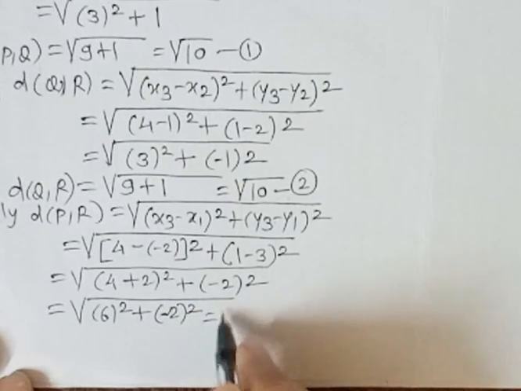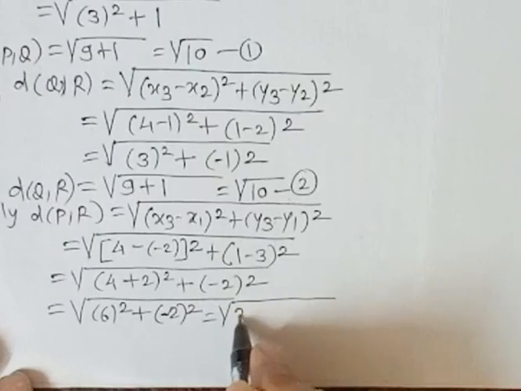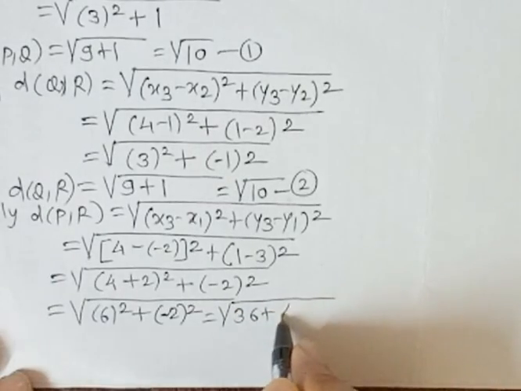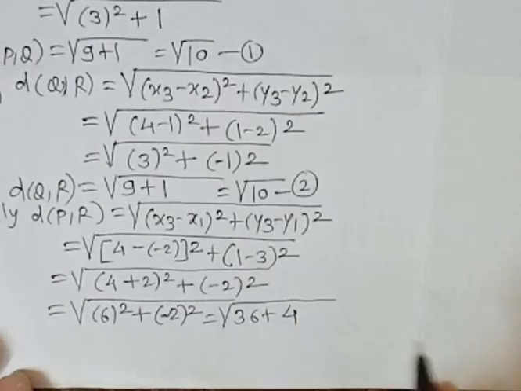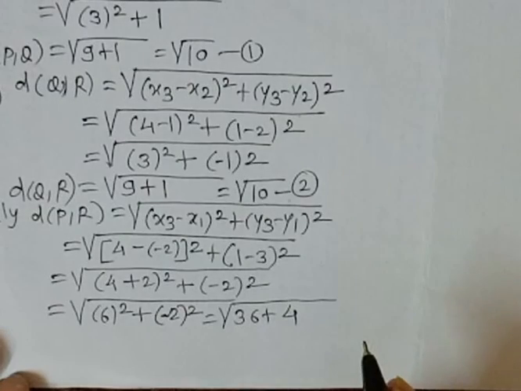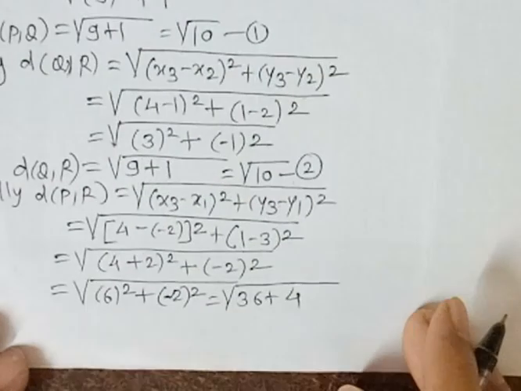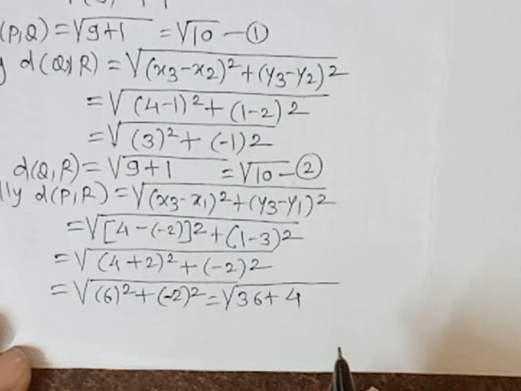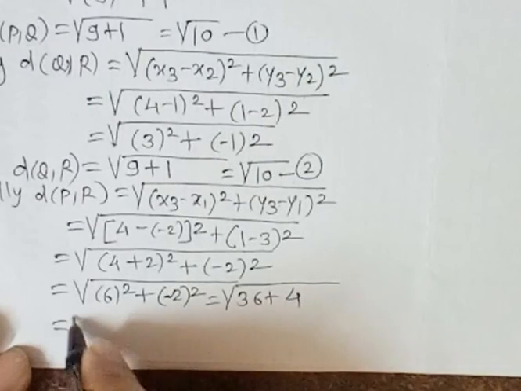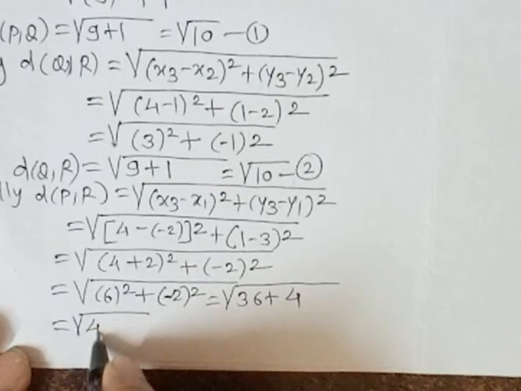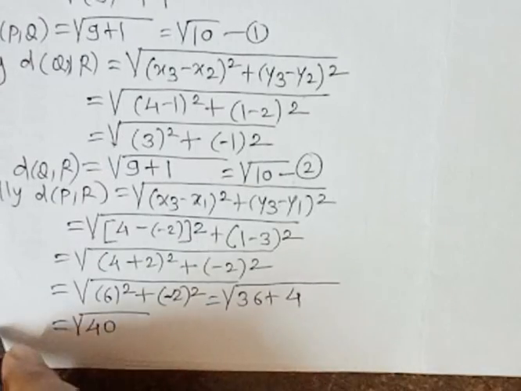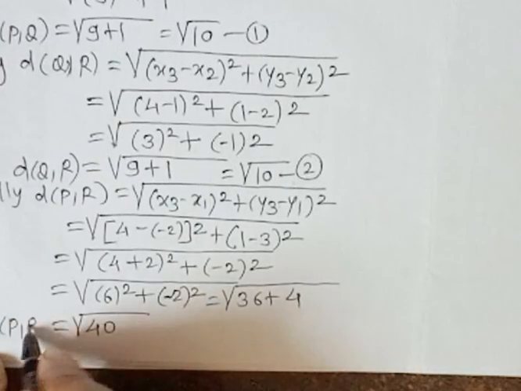Now 6 square is 36 plus 2 square is 4. 36 plus 4, that is under root 40. This is distance PR.